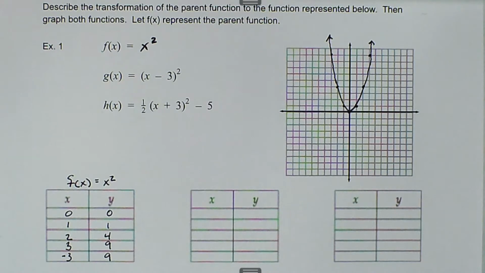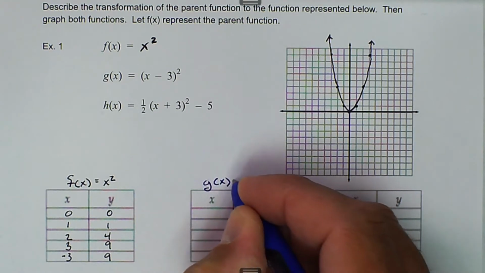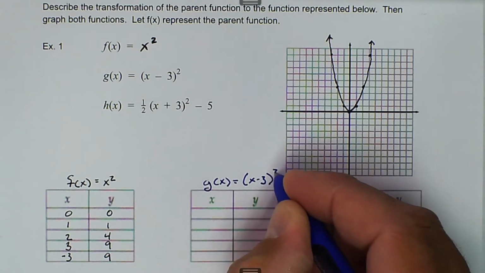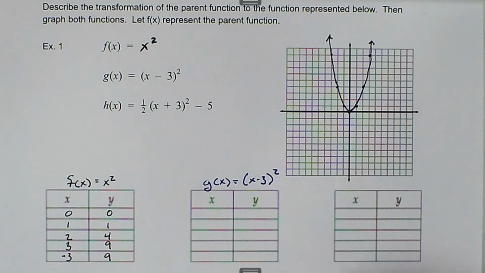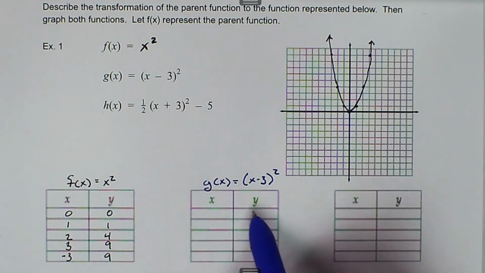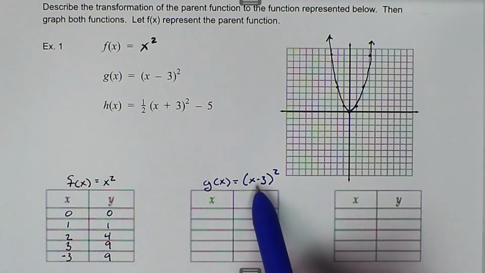Next one that we have, this one was f of x. Next one that we have is g of x equals x minus 3 quantity squared. So we want to think about where the vertex is going to be. So the vertex for the parent function is at 0, 0.